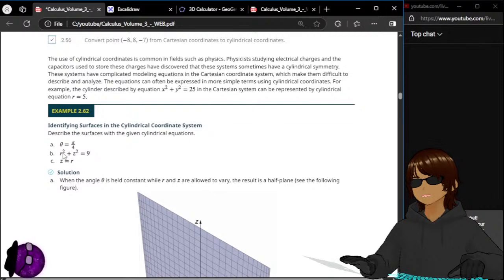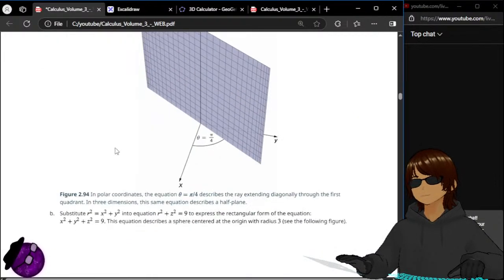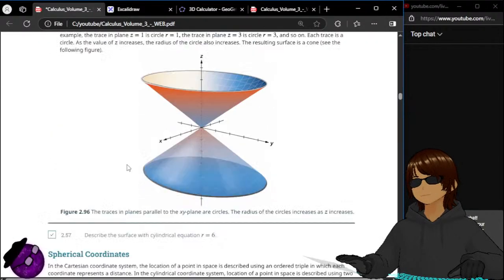Over here, r squared plus z squared is equal to 9. Oh, r squared is only in the xy plane, and then z squared goes directly above. That is equal to 9. So yeah, it describes a sphere. I got confused for a second.